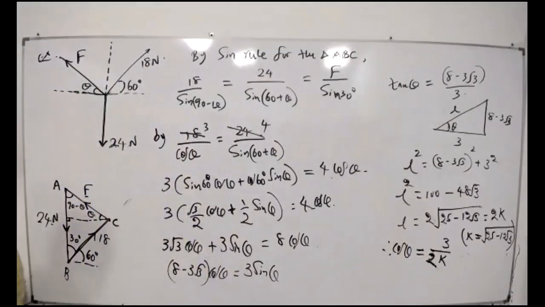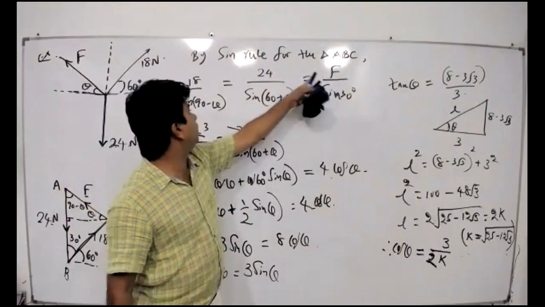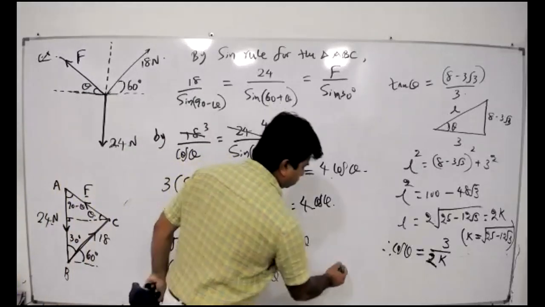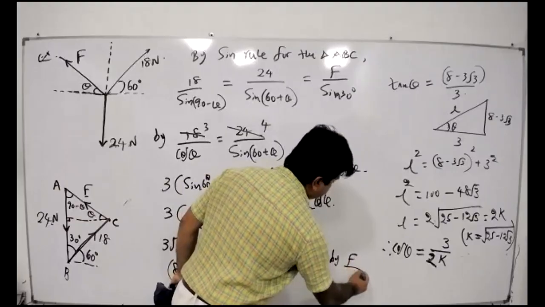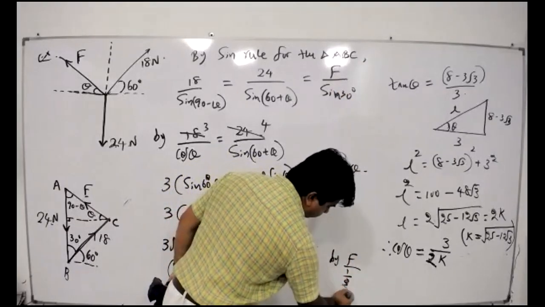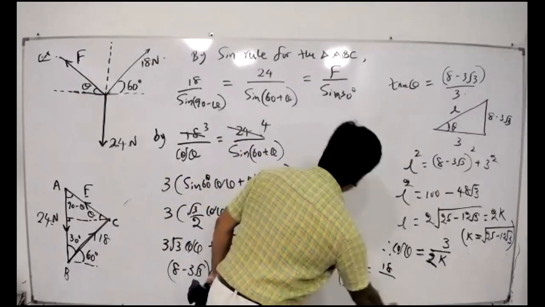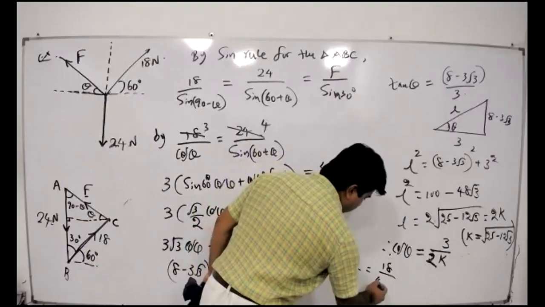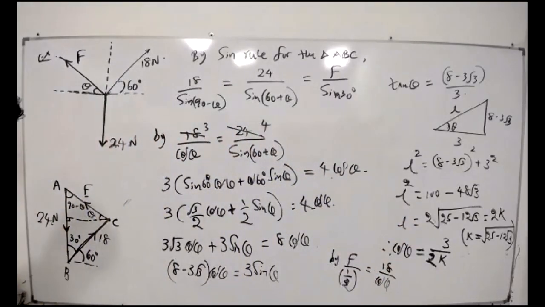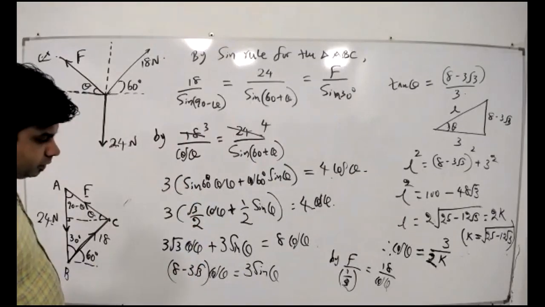3 over 2k. Right. Now if you equate this and this, you can take F. Then F over sine 30, which means half, equals 18 over cos theta. Cos theta is 3 over 2k. And 2 cancels.